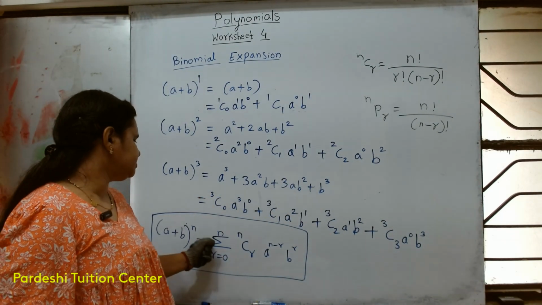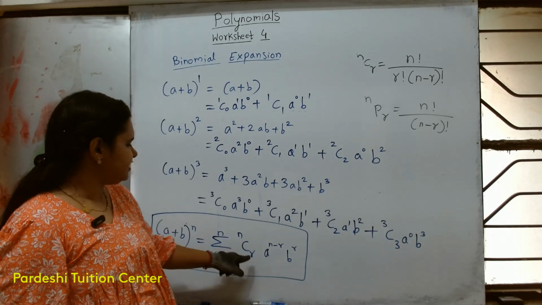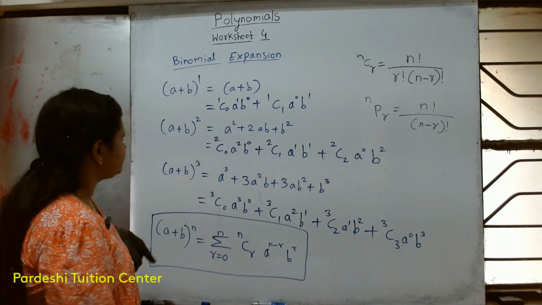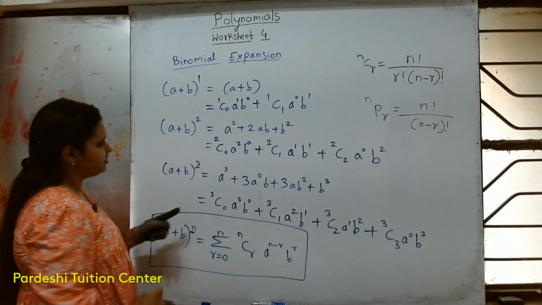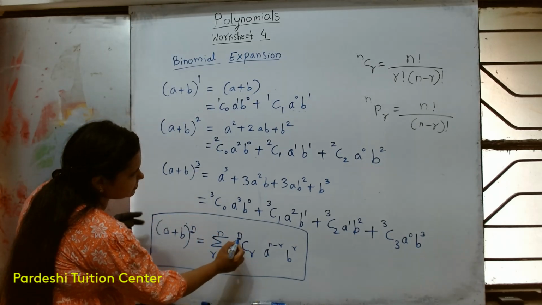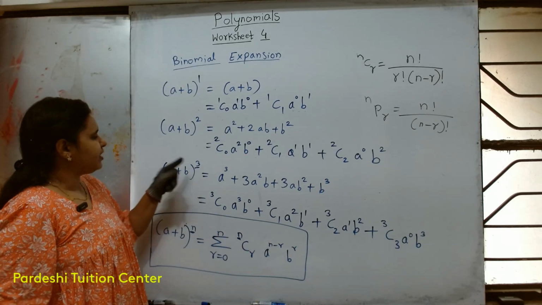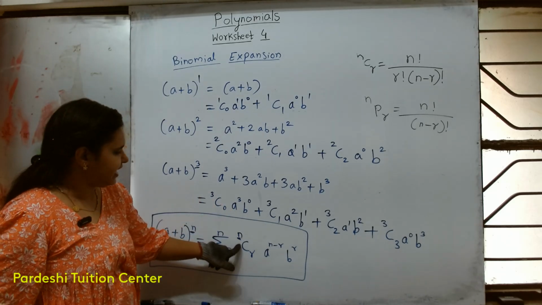So our summation is r equals 0 to n. Okay. Now nCr. Now what is the power here? Here it is power n. Here it was 3. So we have put nCr, here the power is 3. So I wrote 3C0. So it will be nCr.